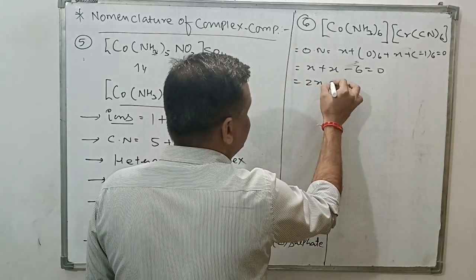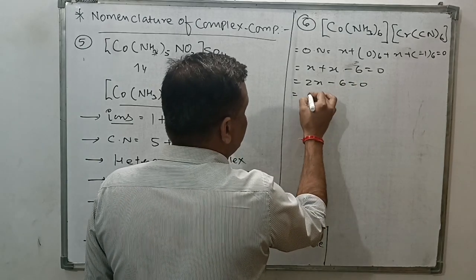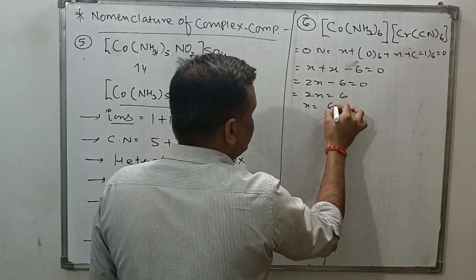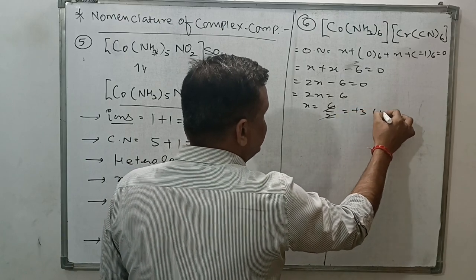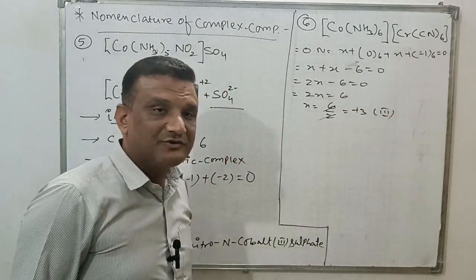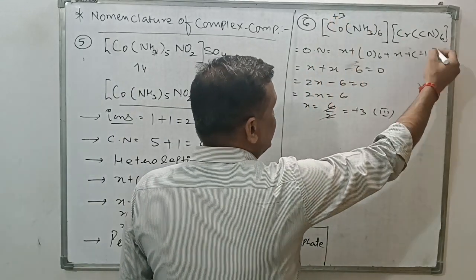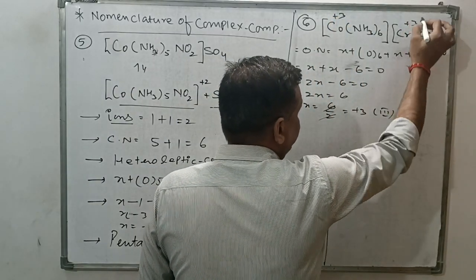This will be 2x minus 6 equals 0, 2x equals 6, x equals 6 by 2, which is plus 3. The oxidation state will be third, so for Co it will be plus 3.